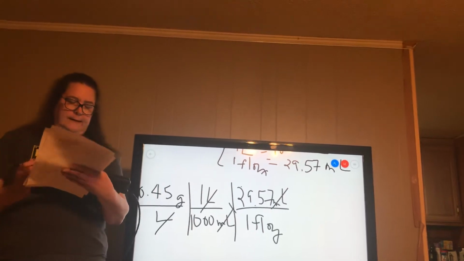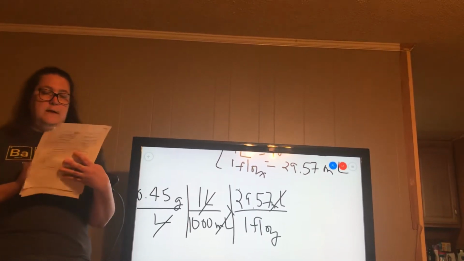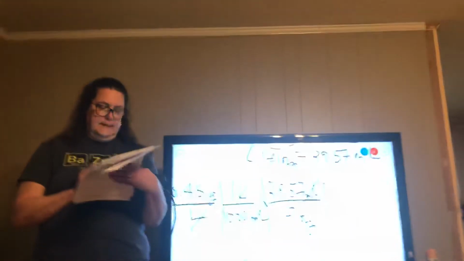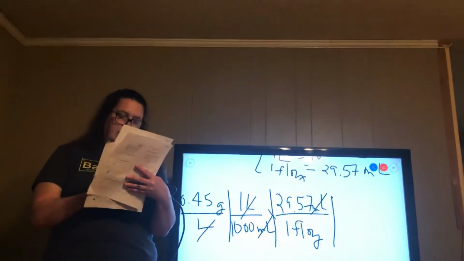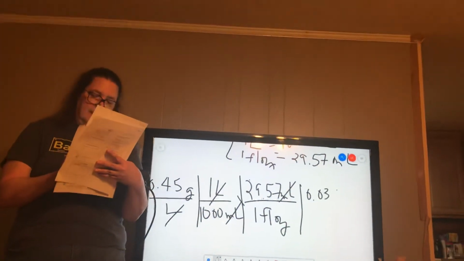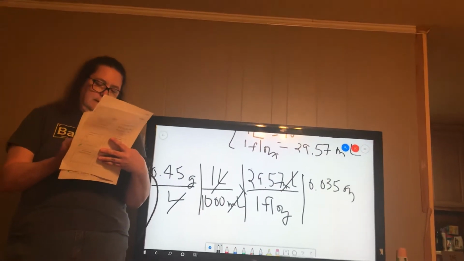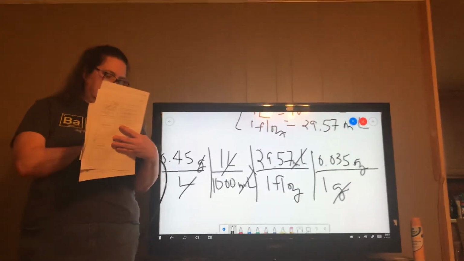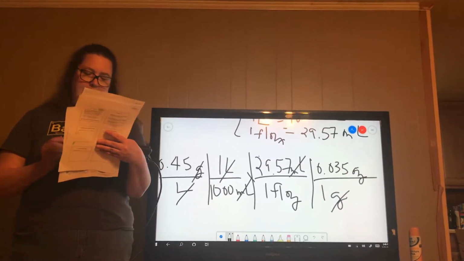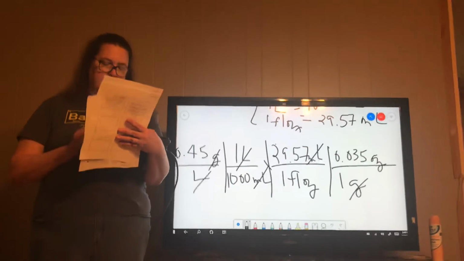Milliliters cancel out. So I've got the number correct in the denominator. Now I need to get rid of the numerator. So I know that 0.035 ounces equals 1 gram. And so the grams cancel out. And then I'm left, if I look back, I have ounces over fluid ounces.